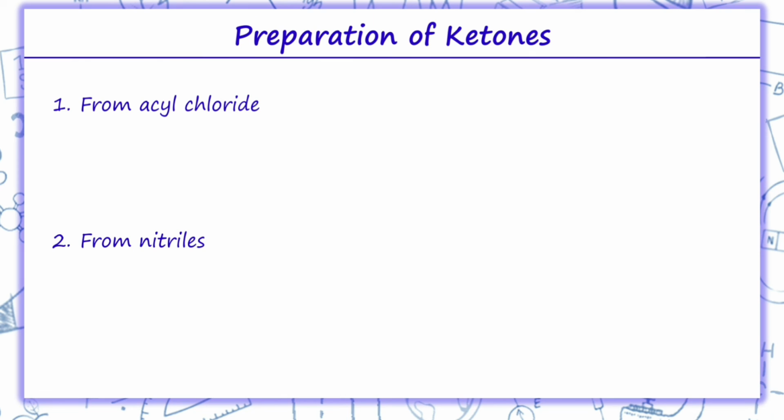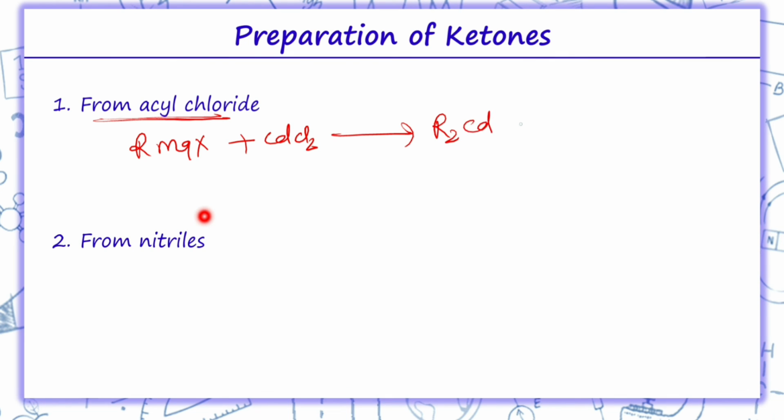For ketones, the first reaction is from acid chlorides. So with acid chlorides, how do we prepare? First of all, we take over here Grignard reagent. This Grignard reagent reacts with cadmium chloride. It forms dialkyl cadmium plus MgXCl.